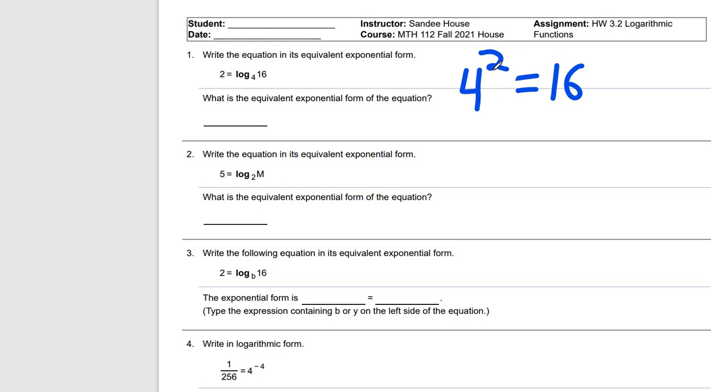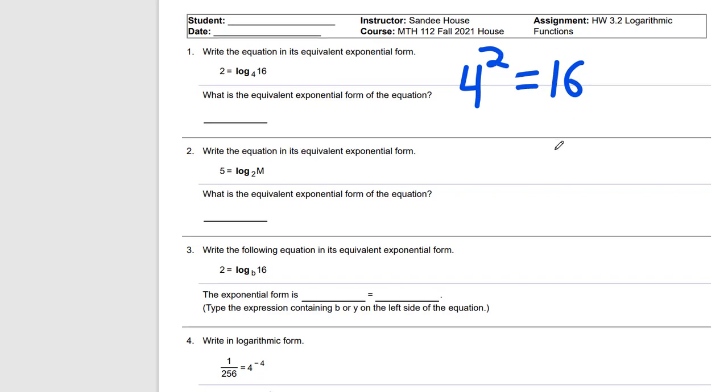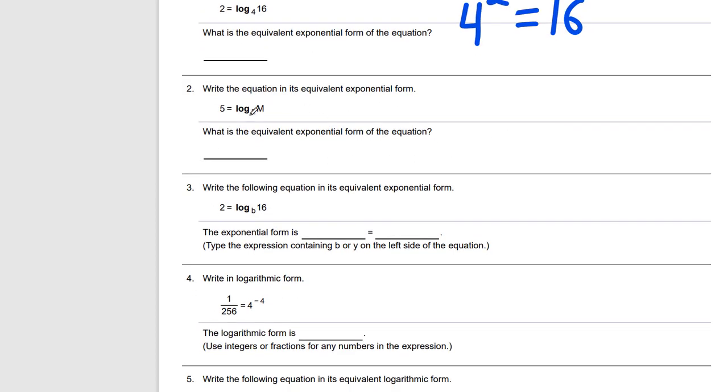And that makes sense. 4 to the 2 equals 16. Number 2, base is the little number, 2. The number that's isolated all by itself is the exponent, 5. And this bigger number in the log, the thing you're taking the log of, is the answer or argument. So 2 to the 5th equals m.